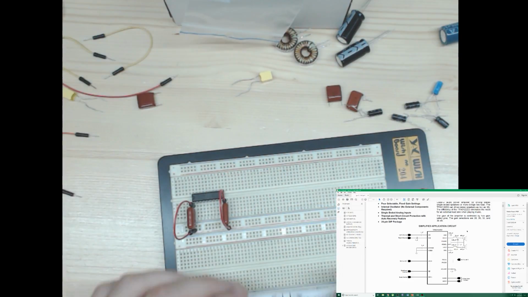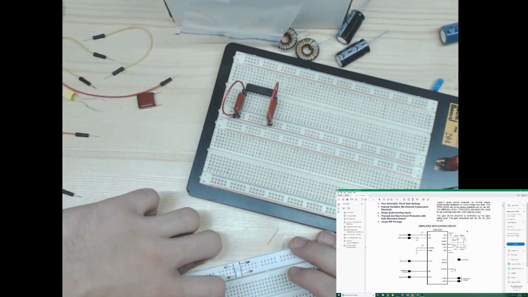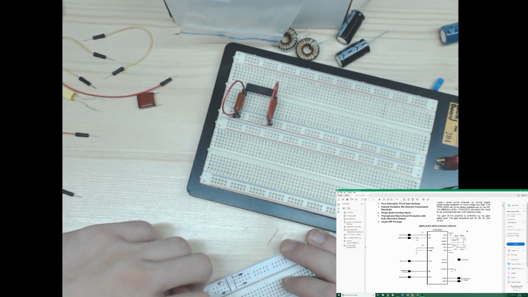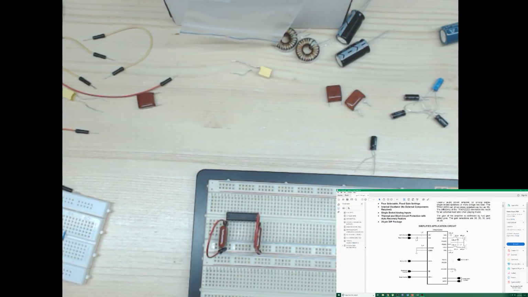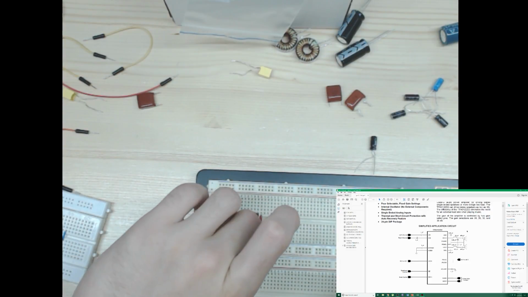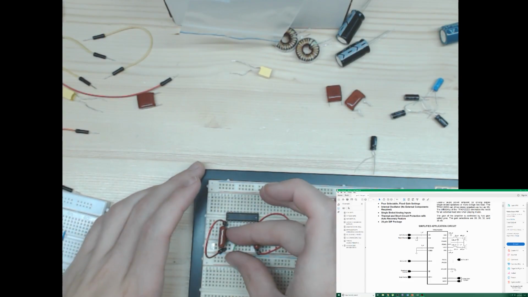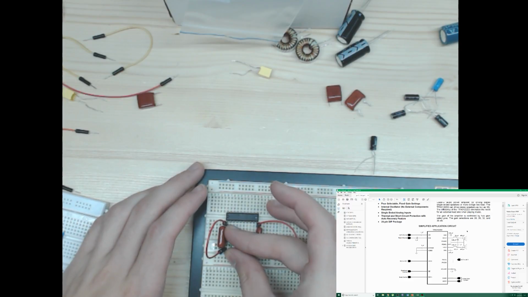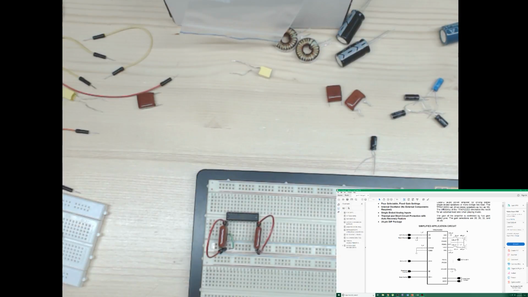In that case, I'll use the one on the other breadboard I have here. Connect that pin, which I could use a shorter one actually. That pin to 12 volts. I will get myself some tweezers. It will only be easier.